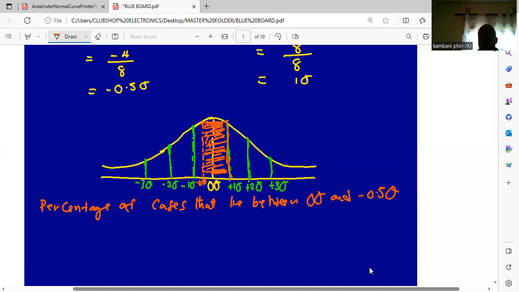And this implies that what we get. The 0 sigma, take note, is the mu. So in this case, to do that, you just get the table, the Z-table, that gives the values in between.